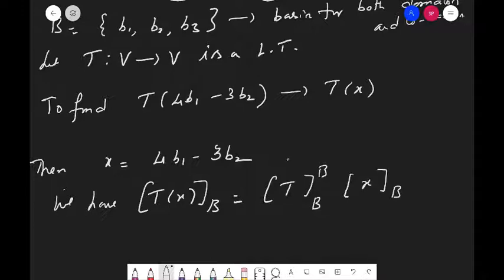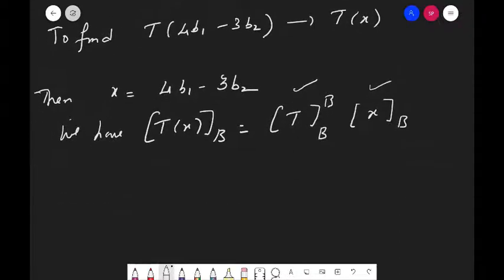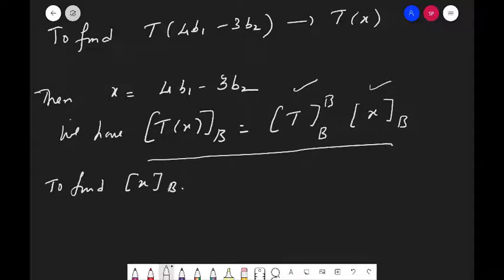Now we should know the coordinate vector of x with respect to B. So first we will find this. How do you get this? x is equal to 4b1 minus 3b2.